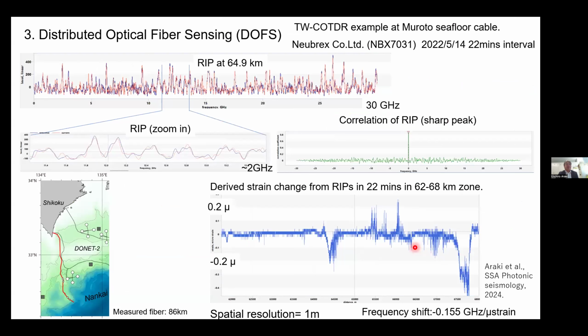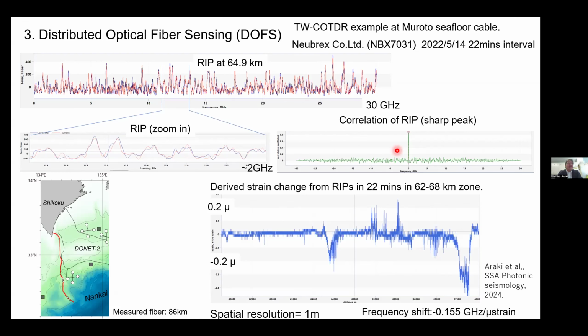Here's an example of the TWCO-TDR measurement with the Muroto cable, showing two measurements at a 22-minute interval at a point 64.9 kilometers offshore. The Rayleigh intensity patterns resemble each other, showing a very sharp correlation near zero frequency, suggesting persistence of the cause of local interference in the optical fiber.